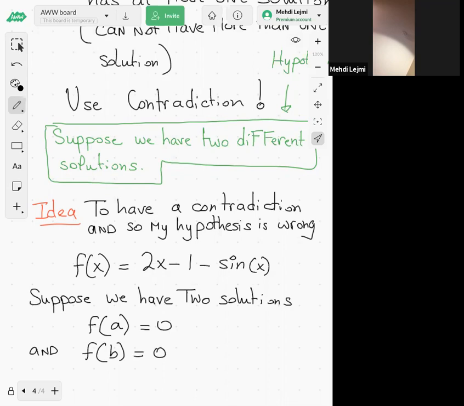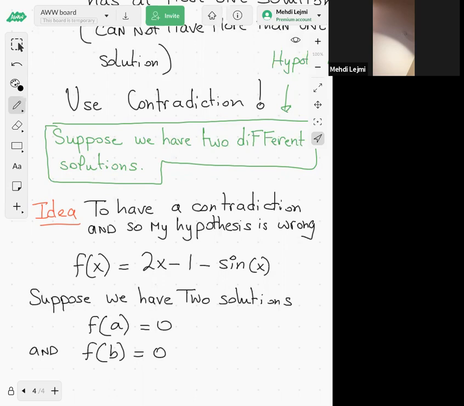Okay, so that's what I mean by having two solutions. So two solutions of f of x equal to 0, right? I want to solve f of x equal to 0. So when I suppose I have two solutions, I mean I have two different numbers, a and b, such that f of a is 0 and f of b is 0.